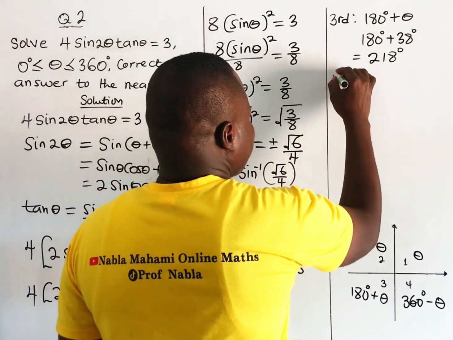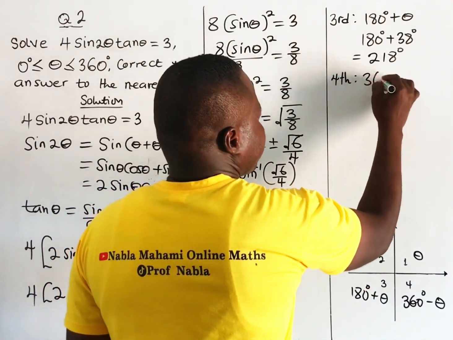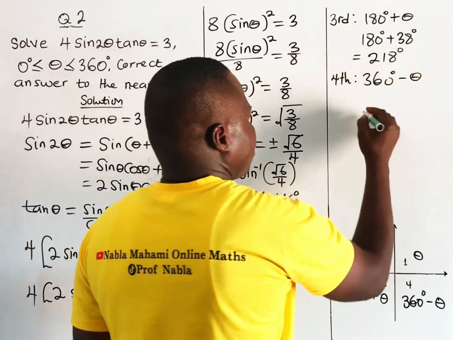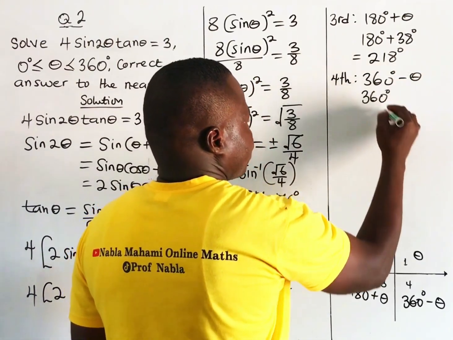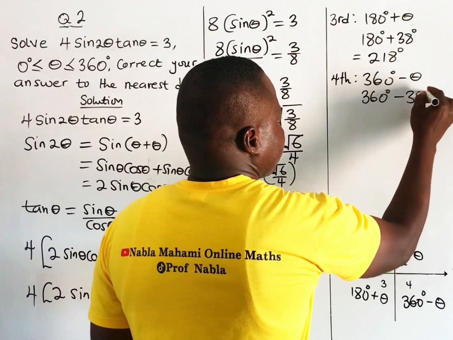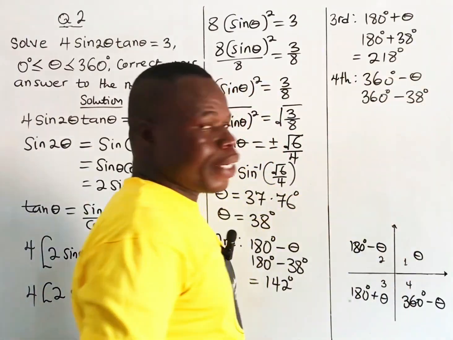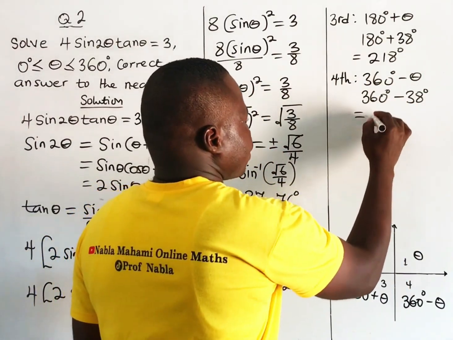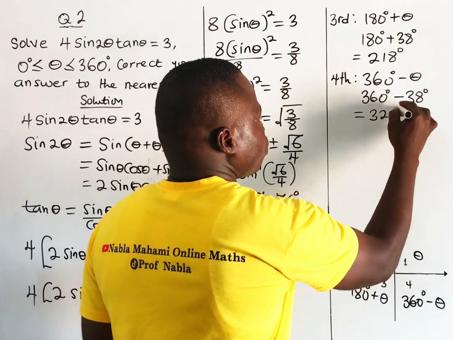In the fourth quadrant, we use 360 degrees minus theta. That means 360 degrees minus 38 degrees, and this will give us 322 degrees.